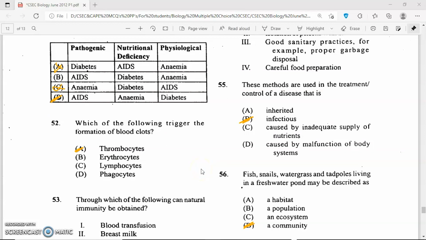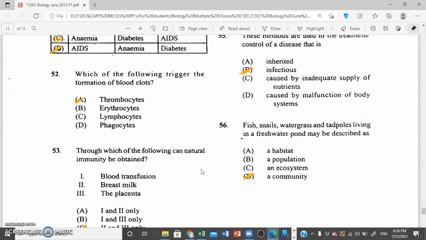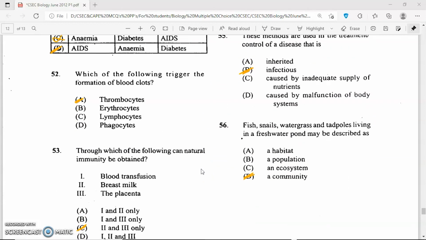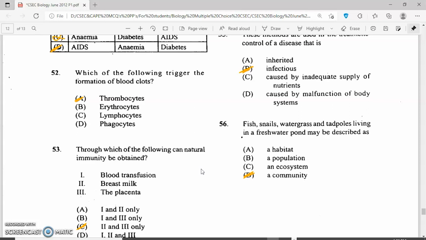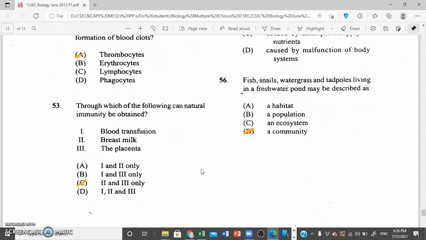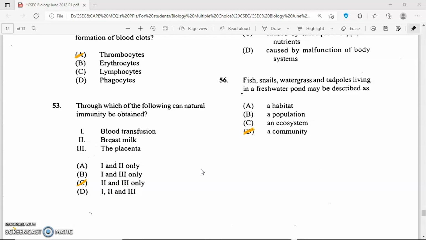Let us look at number 53. Through which of the following can natural immunity be obtained? 1, blood transfusion, 2, breast milk, 3, the placenta. So the placenta, antibodies from mom is able to diffuse through the placenta, providing immunity to the developing fetus.